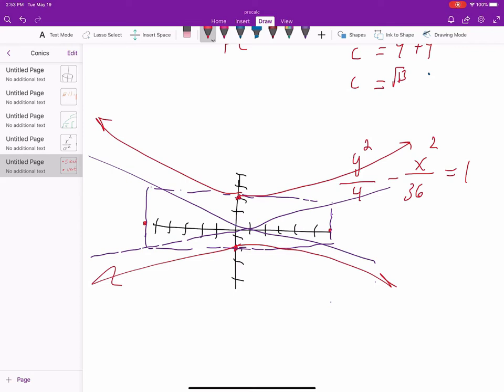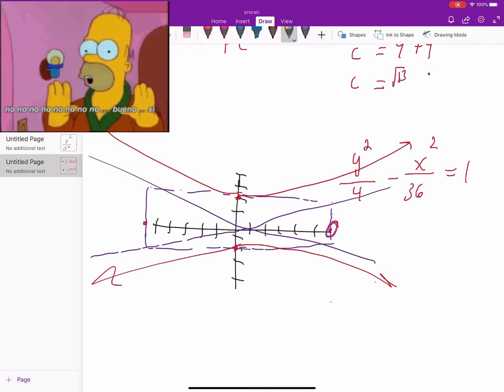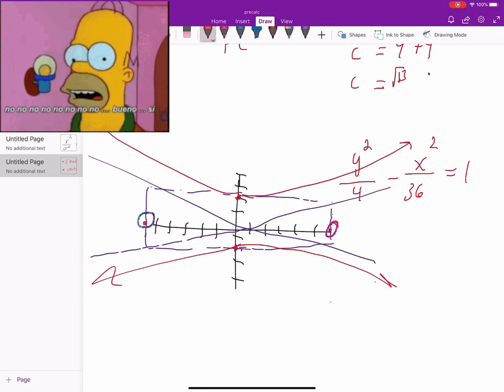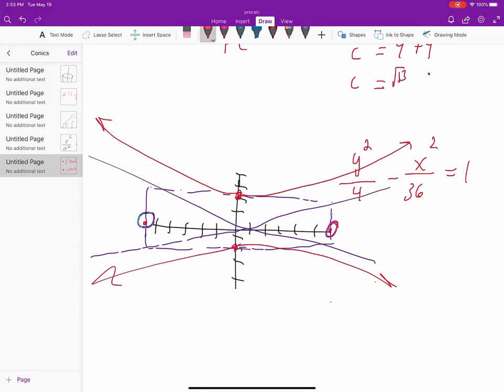Those other 2 points that we found, here in this rainbowish color, aren't vertex points. Only these guys are vertex points. So I got my sketch done. I'm going to put my vertex point here. That's going to be 0, comma, plus or minus the square root of 4, which is 2. That's 2 up, 2 down.